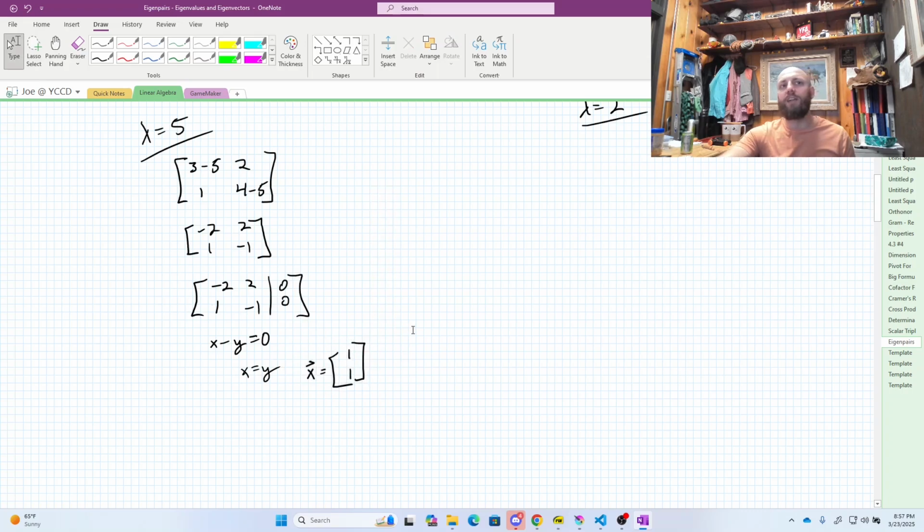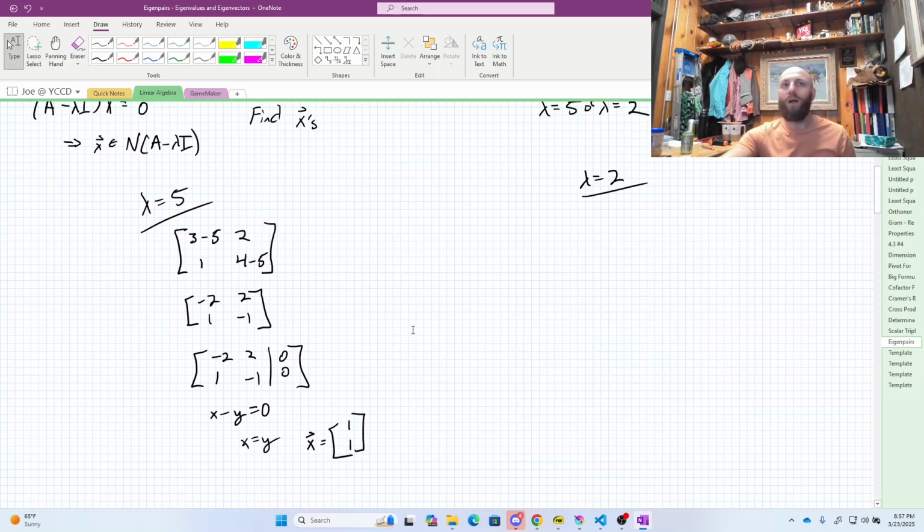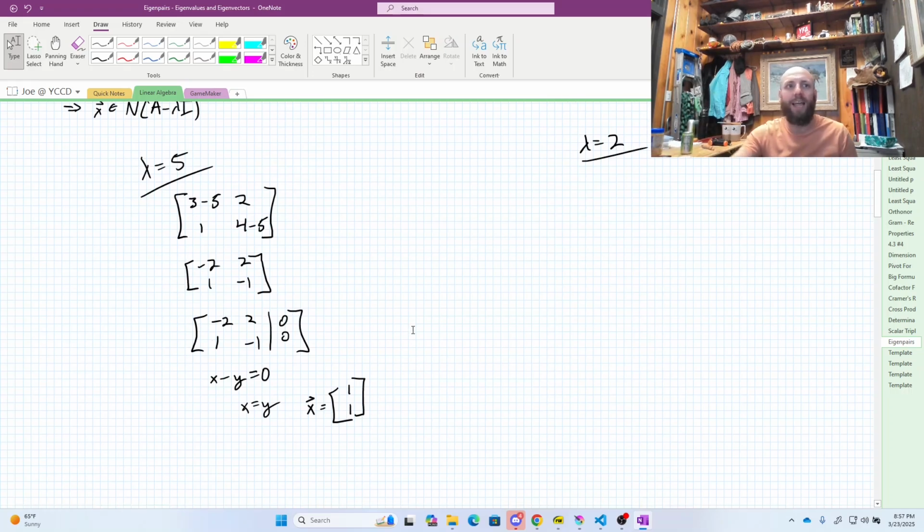Why did I pick 1, 1 instead of a different vector? Well, it doesn't matter. It's only up to scalar multiplication anyhow. So you can pick any number for y, and that'll give you the number for x. So here I've got my eigenpair is 5 and (1, 1).